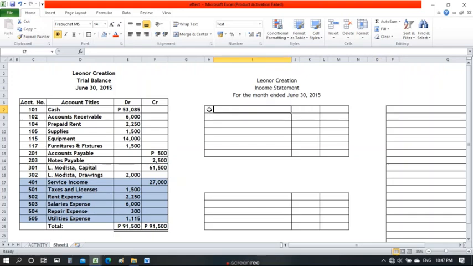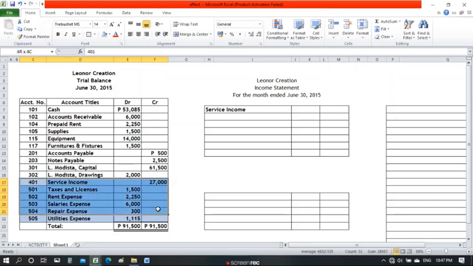Next, let's start with the service income. The main result of the income statement is for you to know if you gained an income or incurred a loss. That's why the only accounts included in the preparation of the income statement are the income and the expenses accounts. The first account to be written in the income statement is the income account, service income, kung ano yung income account natin from the trial balance.